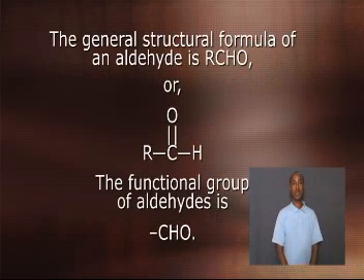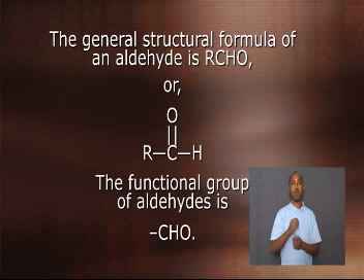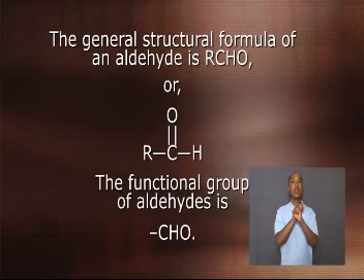As the second question will show, the functional group of aldehydes is CHO. Compounds possessing this functional group always finish with the suffix -al. Did you answer all the questions correctly? If so, great job, everyone.